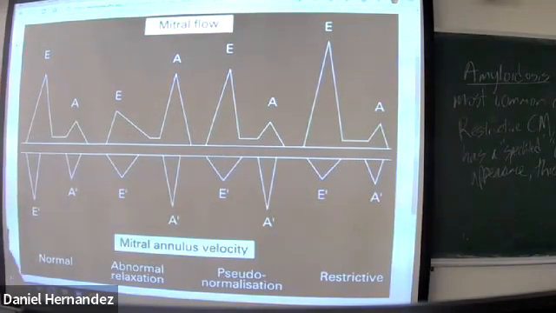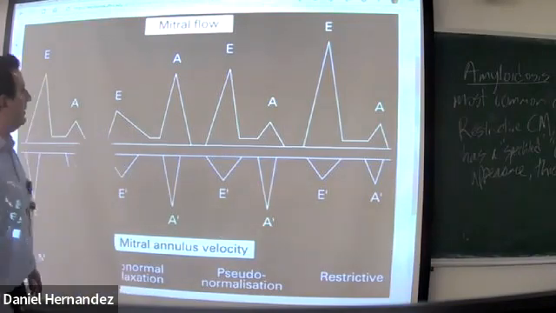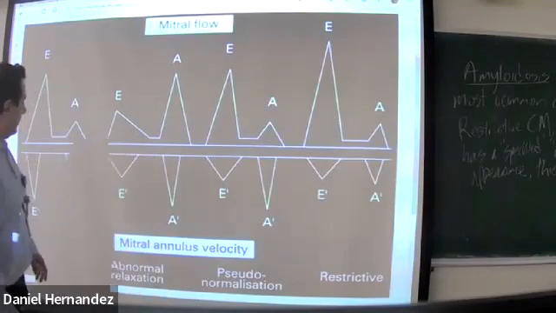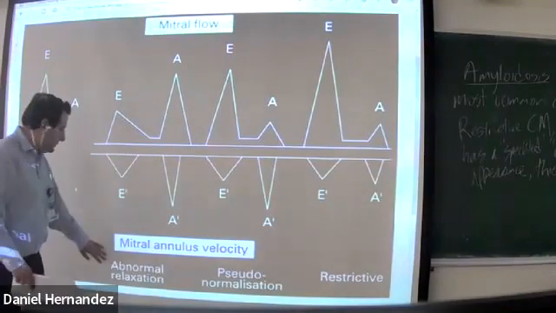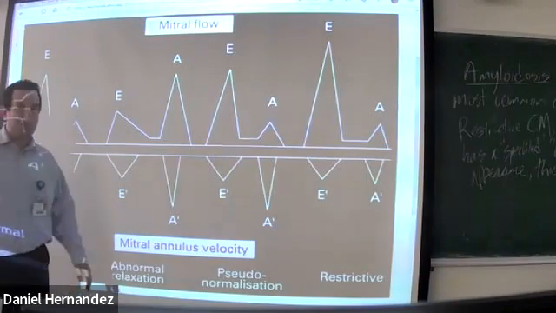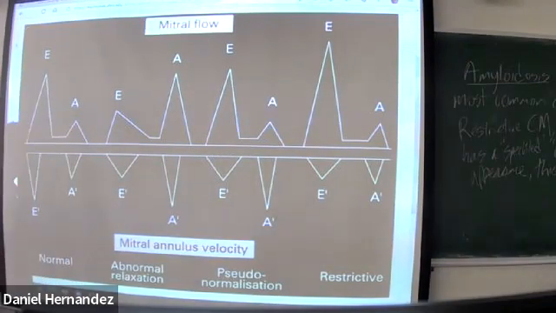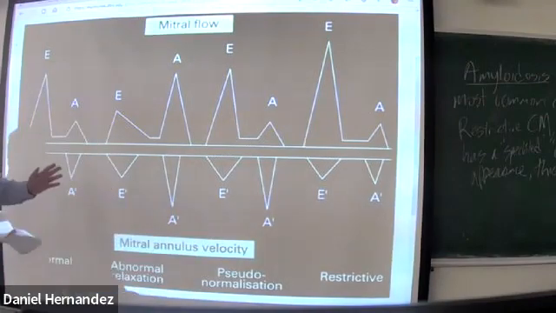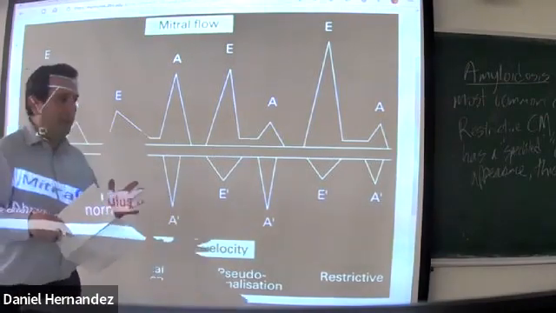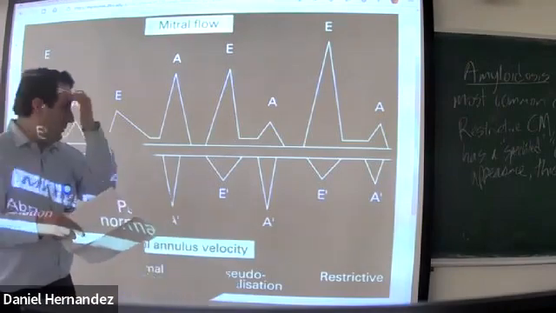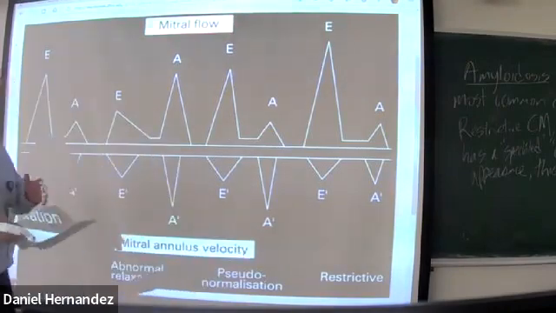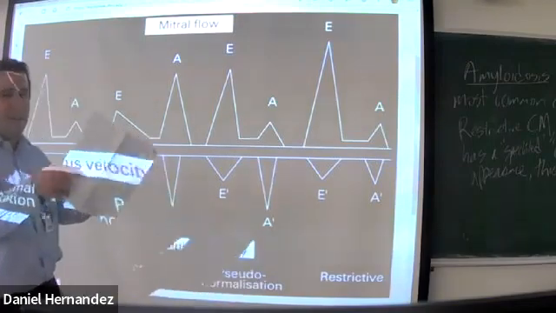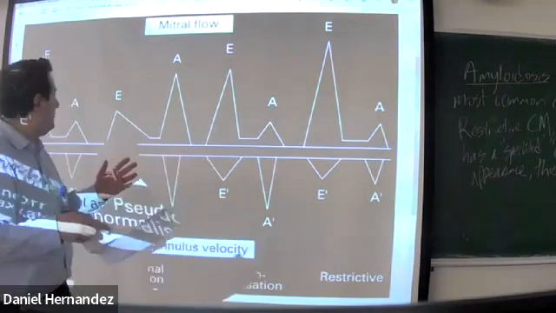In patients that have diastolic dysfunction, where the heart and the ventricles become non-compliant, they're not able to fill properly. In the early stages, we enter a period called abnormal relaxation. That's the first stage of diastolic dysfunction. The heart's not able to relax, so the ventricle fills quite rapidly with blood, and it's not able to expand to receive the rest of that blood from the atria.